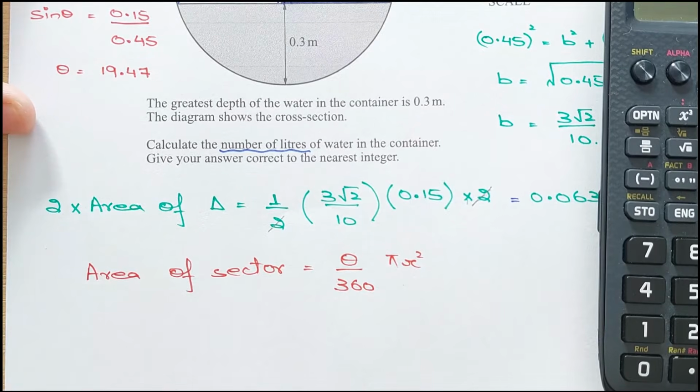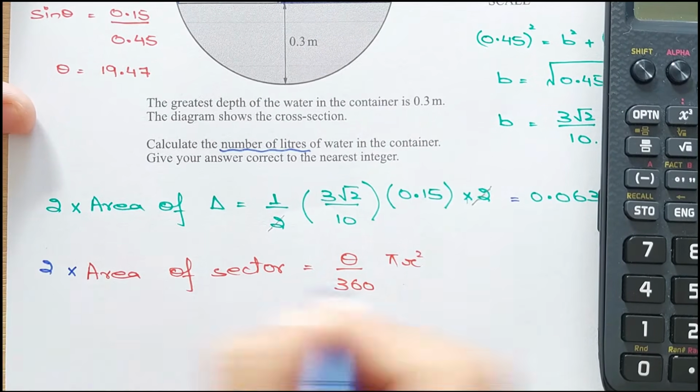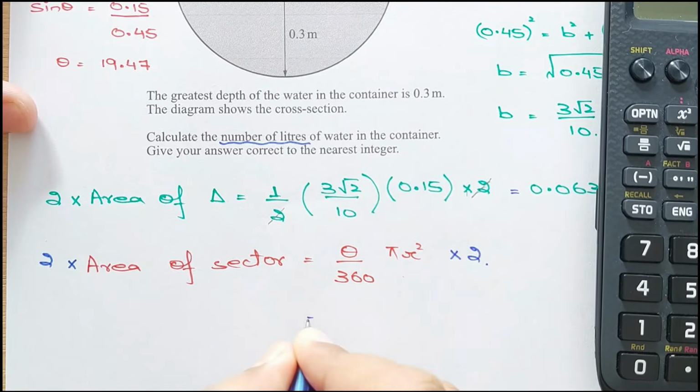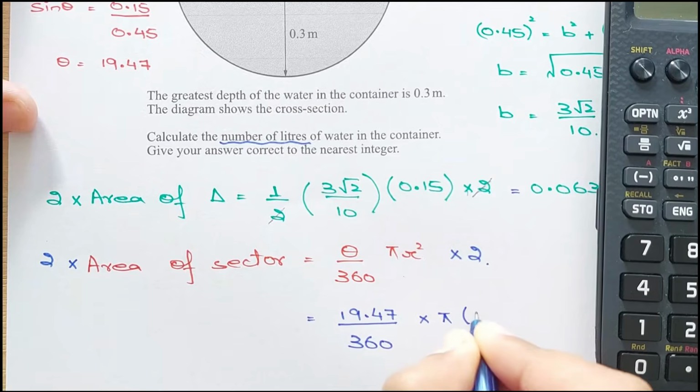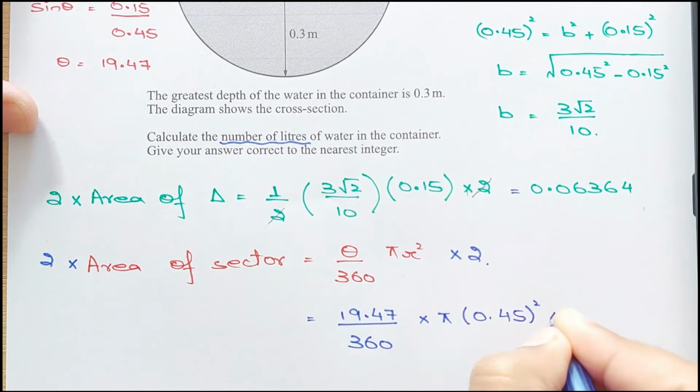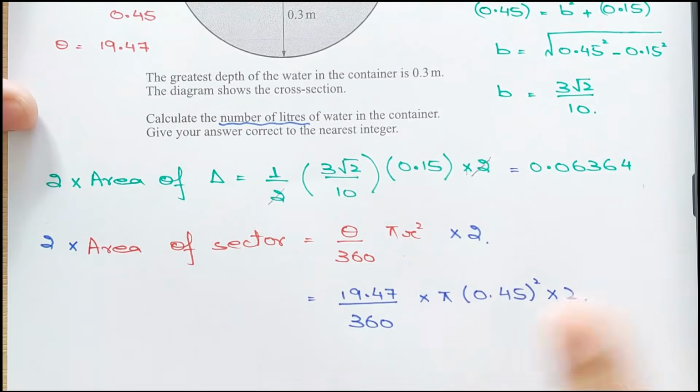Now let me find the area of the sector. And again, we have to times it by 2 because we have two sectors. Right. Now let me plug the values in here. So theta is 19.47 divided by 360 times pi, and the radius is 0.45 squared, and times by 2 because two sectors are unshaded, right?